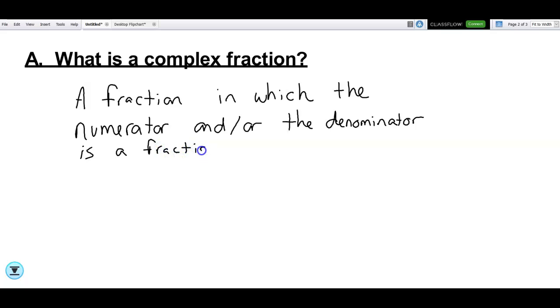So, for instance, well, let me read it again just to say it a little bit quicker now. A complex fraction is a fraction in which either the numerator or the denominator itself is a fraction.